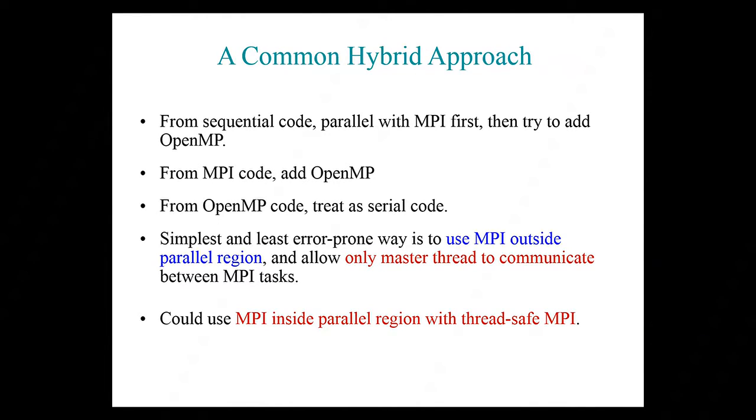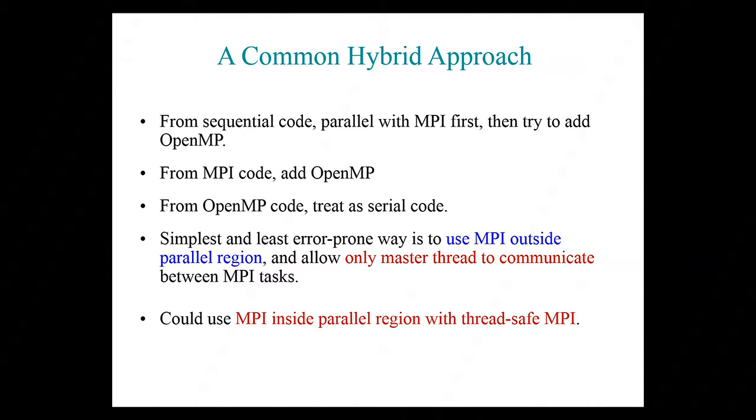You will have to plan your algorithm, how to divide your task into pieces, and each task will be assigned to processors. There will be some changes to your algorithm. And then you can try to add OpenMP into your MPI code. That's the basic approach we'll talk about today.